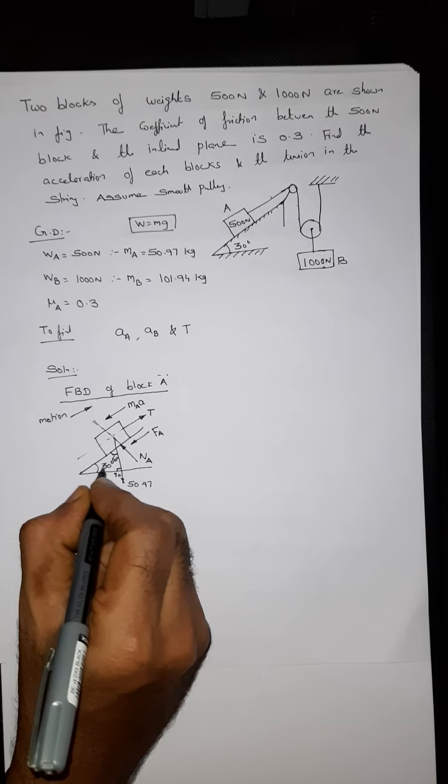So this is the tension T, this is the inertia force MAA, the weight with components 50.97 sin 60 and the horizontal component 50.97 cos 60, normal reaction NA, frictional force FA.